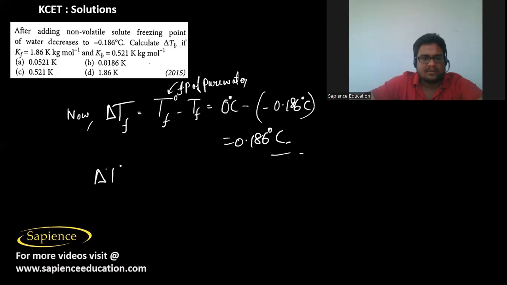Then delta TF will be equal to KF into m.